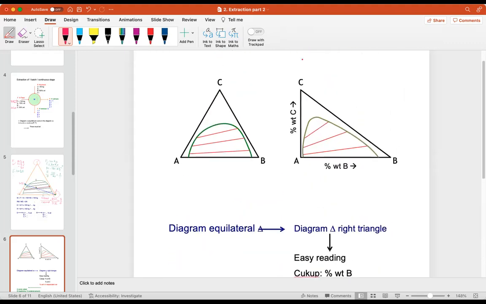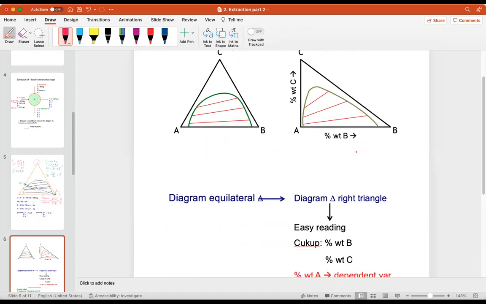So rather than using an equilateral triangle, we shift them into a right angle triangle, but of course the equilibrium also will be shifted like this. It's like you have, I don't know, maybe a balloon or something, and you try to shift it, so everything is of course going to be shifted.